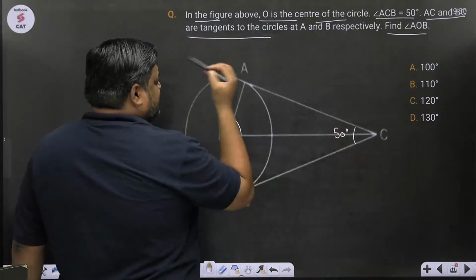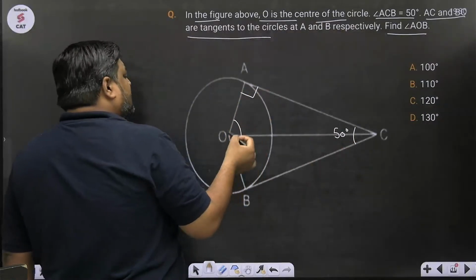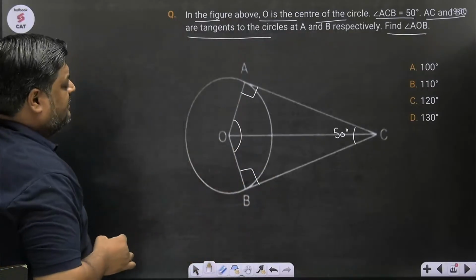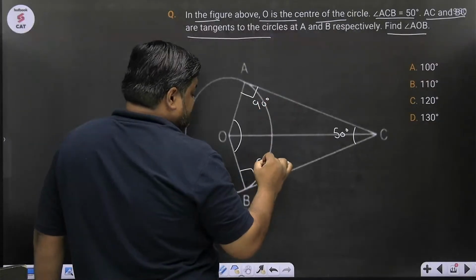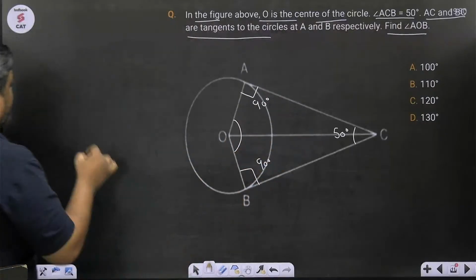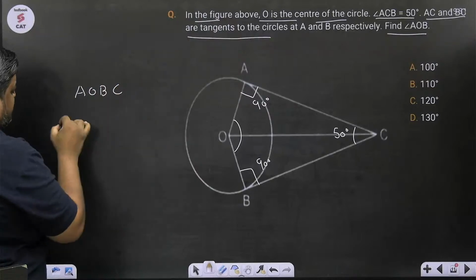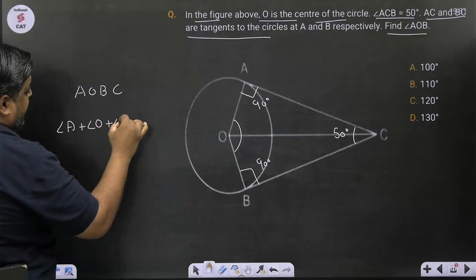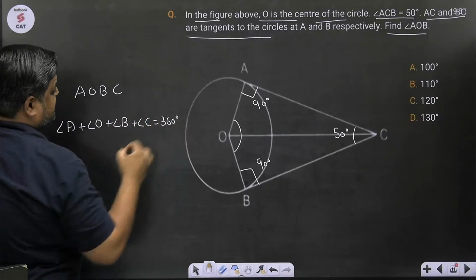Now AC is a tangent and CB is a tangent, so at the point of contact the angle would be 90 degrees. This is 90 degrees, this is 90 degrees. Now AOBC is a quadrilateral. The sum of angles, angle A plus angle O plus angle B plus angle C, is 360 degrees.